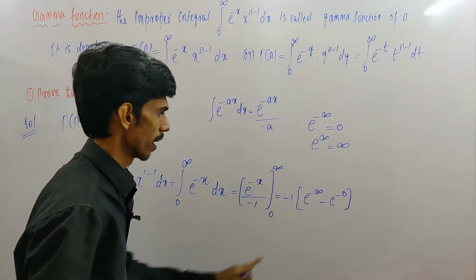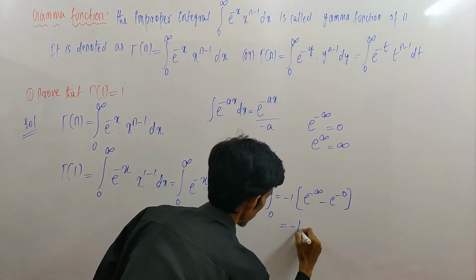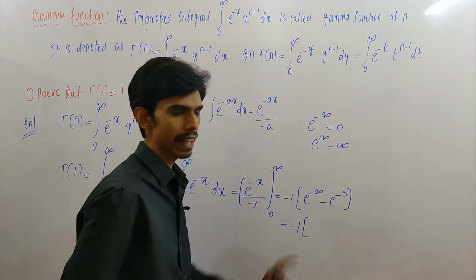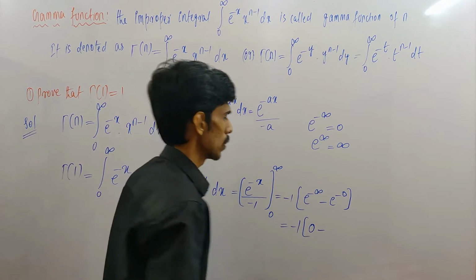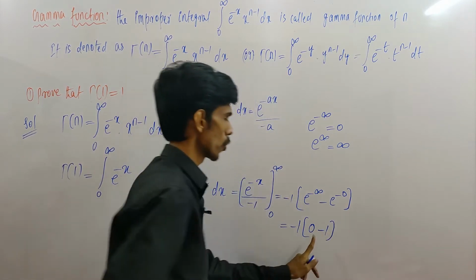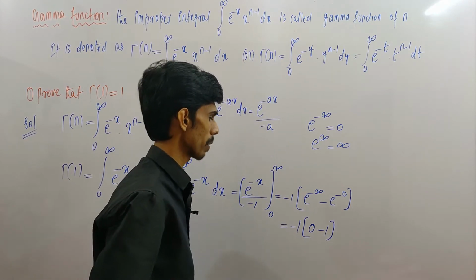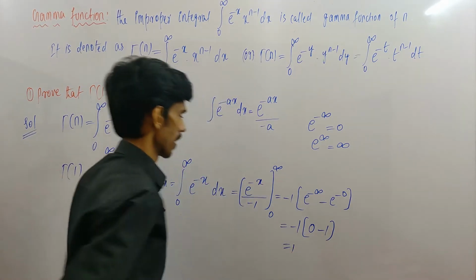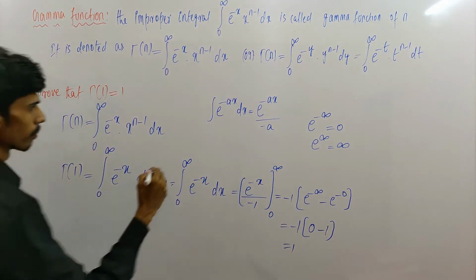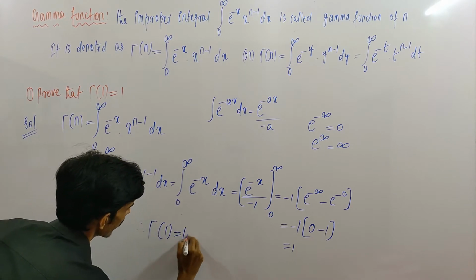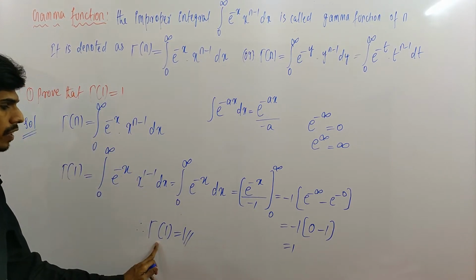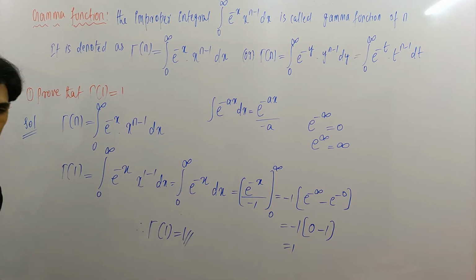Remember this. Now minus 1 into e power of minus infinity gives 0, and e power of minus 0 is 1. So 0 minus 1 is minus 1. Minus 1 into minus 1 gives 1. Finally we have proved that the gamma of 1 value is 1. Remember this as a formula: gamma of 1 is always 1.